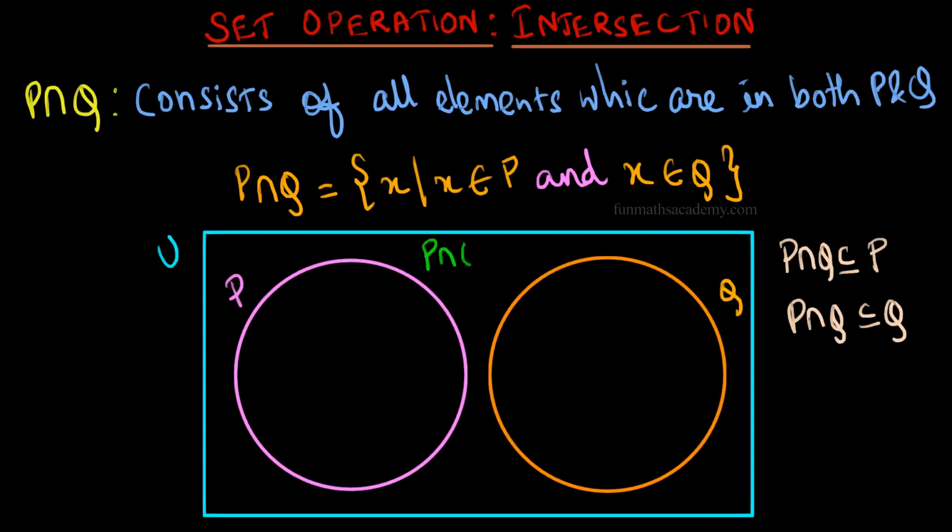Then how would P intersection Q look like? As there is no element common between P and Q, P intersection Q will be nothing but an empty set. Also, when a set intersects with an empty set, the answer will be the empty set. Also, when a set intersects with the universal set, the answer will be that set itself.